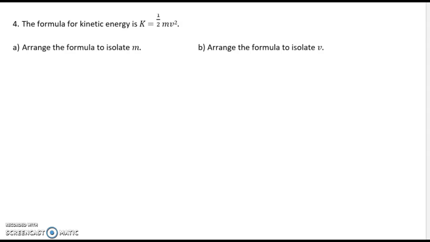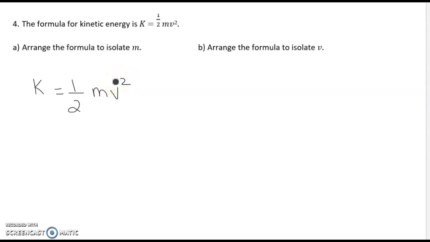Okay, so next question. The formula for kinetic energy is K equals 1/2 mv squared. So we're going to arrange the formula now to solve for m. So this one right here. I'm going to start by rewriting the formula: K equals 1/2 times m times v squared.